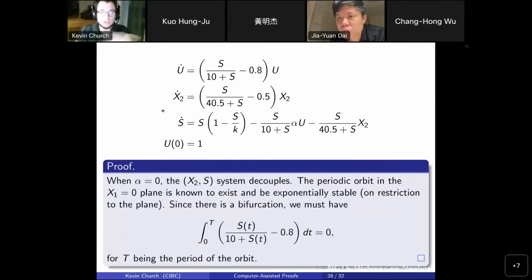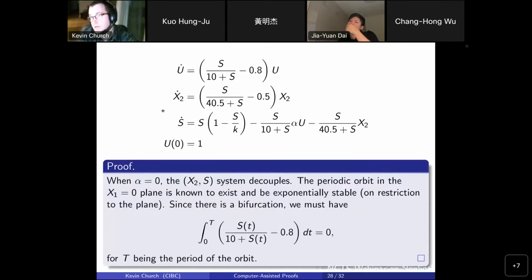So in particular, we know that there is a periodic orbit in that plane, and we know from existing literature, and we could also check manually, that in this plane the orbit is exponentially stable.